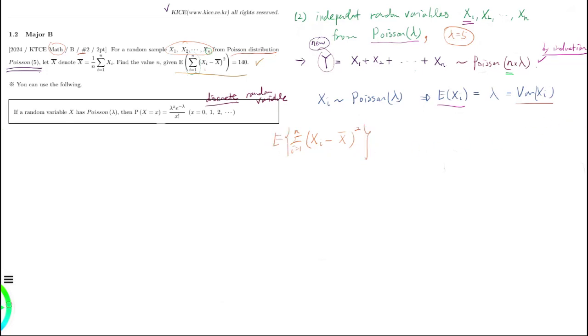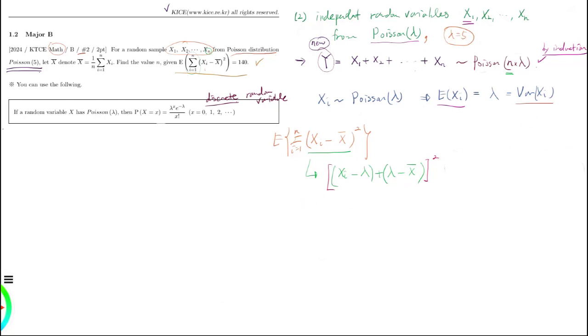Let me rewrite this parenthesis by the intermediate value lambda: plus lambda and minus lambda, and minus its x bar again.